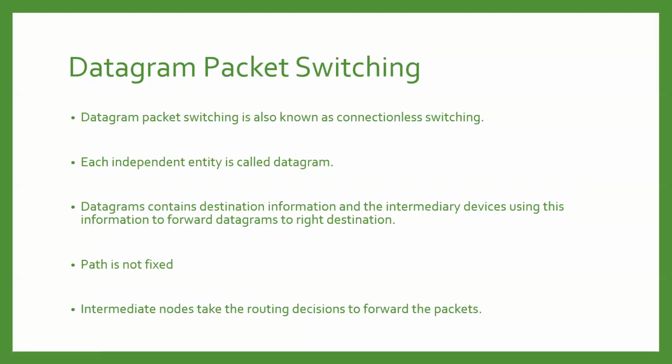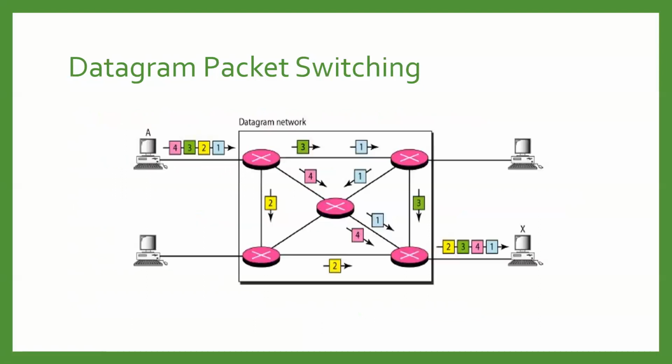Whoever the intermediary node is, depending upon the current situation, it decides which path is best to transmit this particular datagram to the next one. So that individual router or intermediary node will decide which path to use to transmit this datagram. You can see this diagram to understand datagram packet switching.